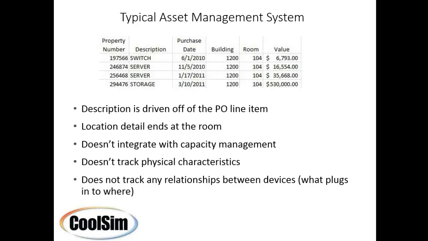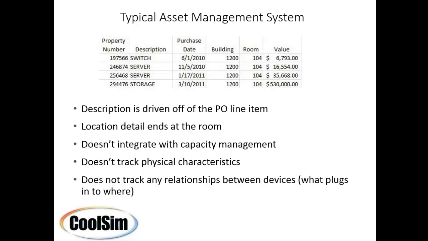So for instance, if you take a look at your typical asset management system, that's normally driven by finance. Finance is who wants to know what's the value of all of my assets that are still sitting in this building. And they really look at everything as more of a 2D problem. But in many cases, your description for an asset management system is simply driven off of what the PO said.